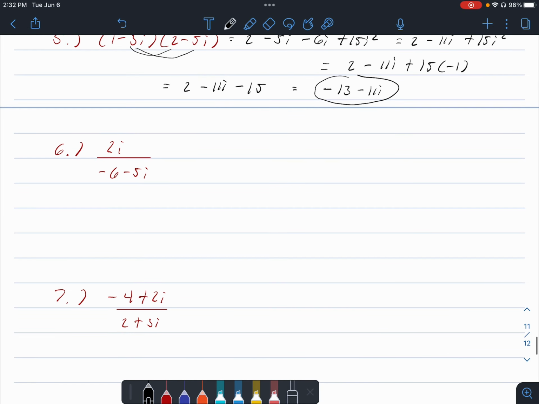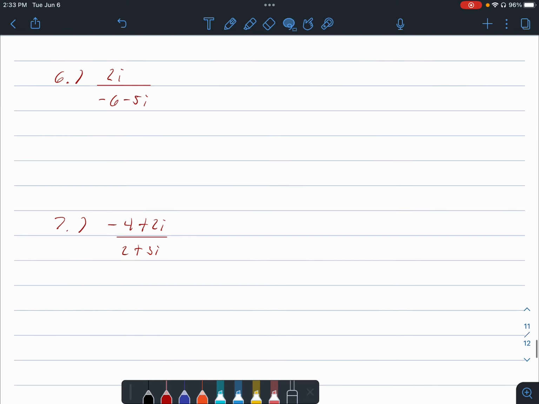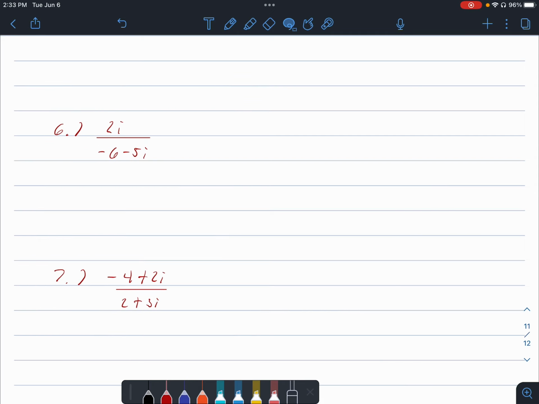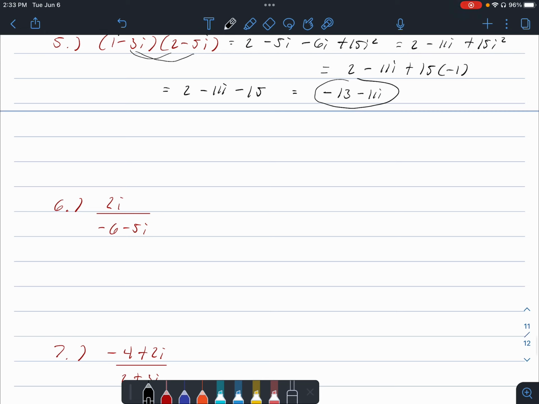Okay, I think the really tricky part here is with the division of complex numbers. This is where things can get a little bit messier, I have to admit. So here, I do want to introduce something real quick. So let me move these down. We have something that we use often called the conjugate of a complex number.